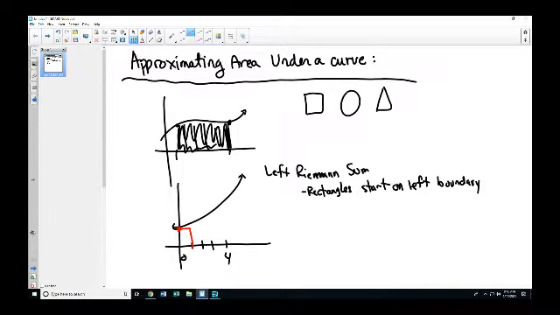You draw a rectangle from the left over. Does this ring a bell for some of you? Okay, and then the next one, and the next one, and the next one, and you're done. And then you would calculate the area of all those rectangles and add them up.